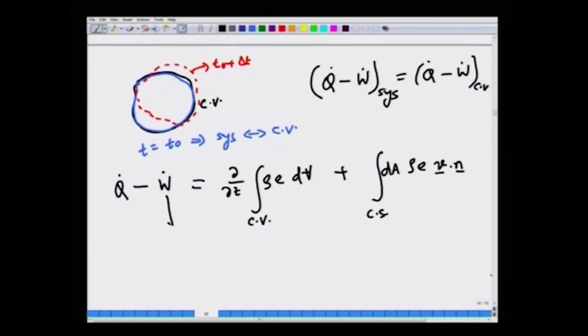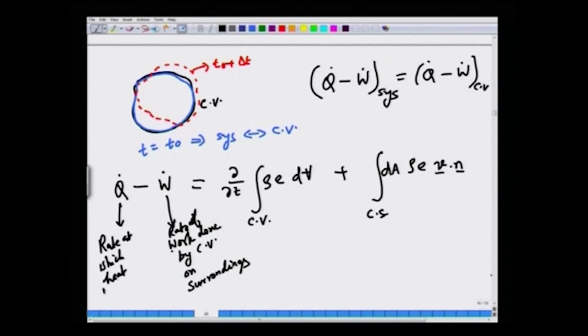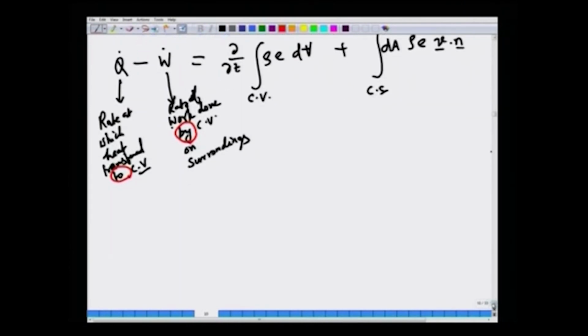Now, W dot is the rate of work done by CV on surroundings, and Q dot is the rate at which heat is transferred to the CV. So, the key thing you should notice is that work is by CV on surroundings, and heat is to CV. This is very important when we do problems using energy balance.